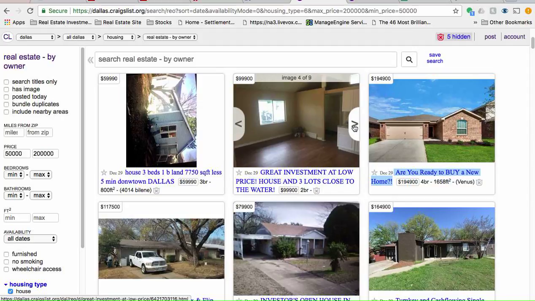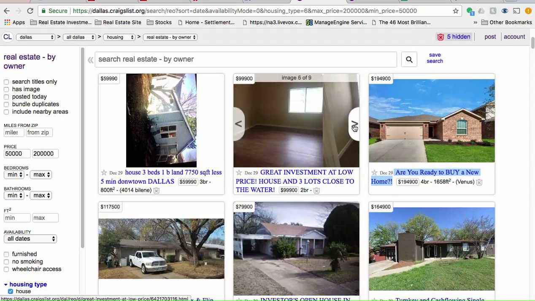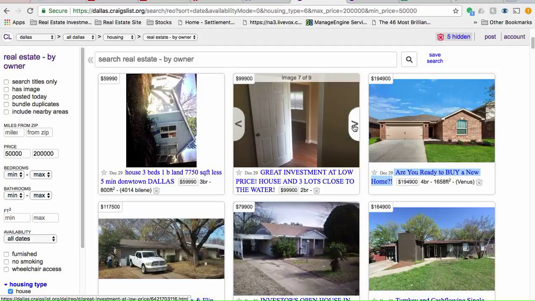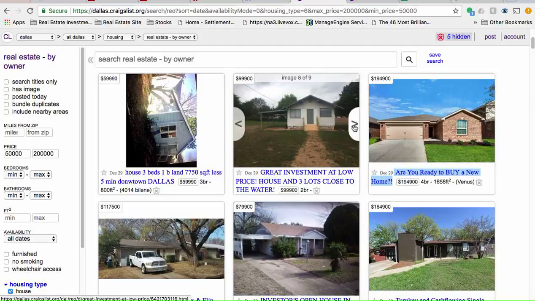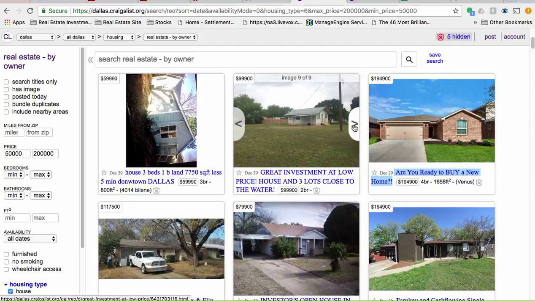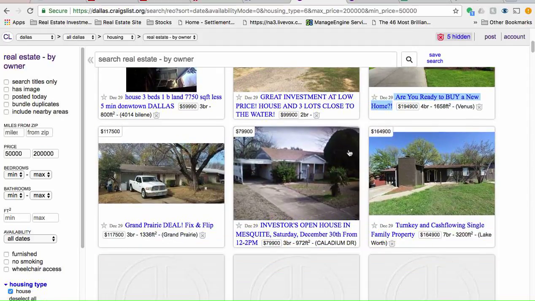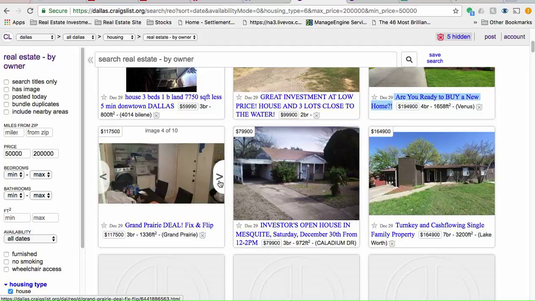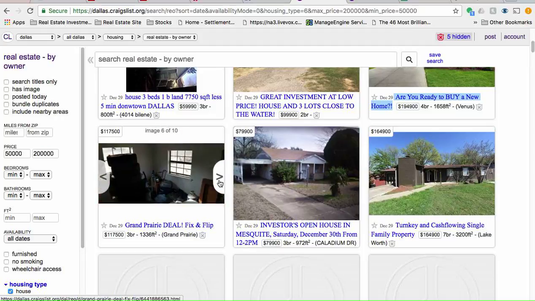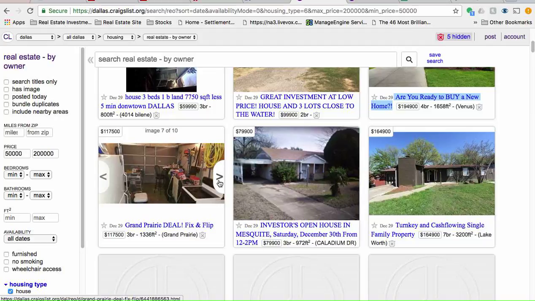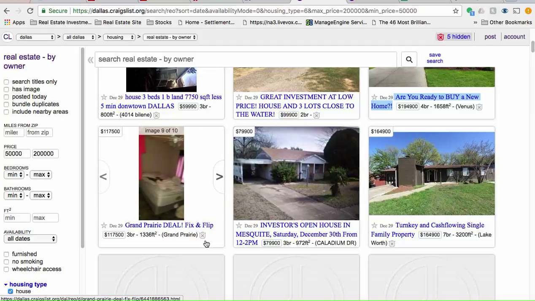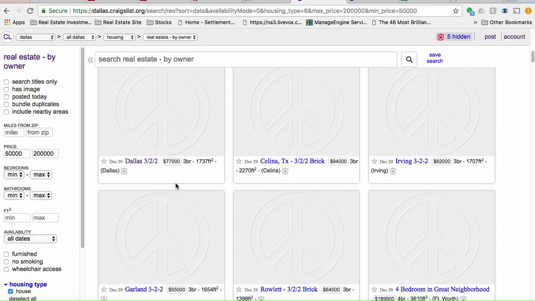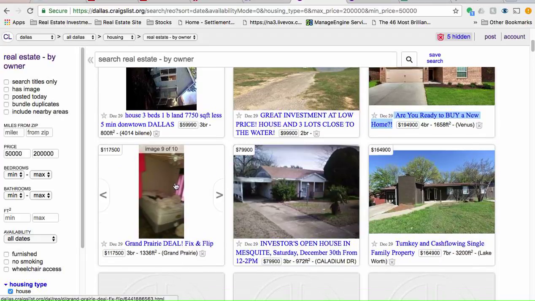Looks like this one was either kept up or the outside wasn't renovated, if anything. All right, Grand Prairie. Yeah, stuff like this. This is what we're looking for. Houses that haven't been updated, houses that we can purchase right off the bat and fix them and flip them, all that good stuff.